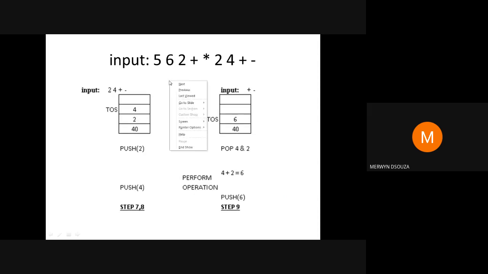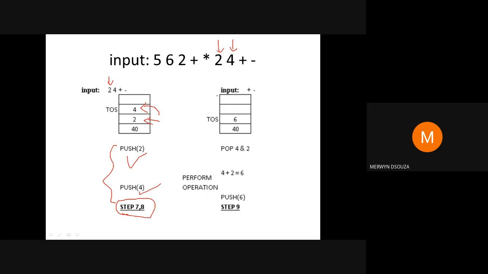Next I read 2. 2 is a number, so I'll push it onto the stack. Similarly, when I read the next, 4 is a number, so I will push it onto the stack. I've done 2 steps here, so I've written step 7 and 8. Push 2, push 4.